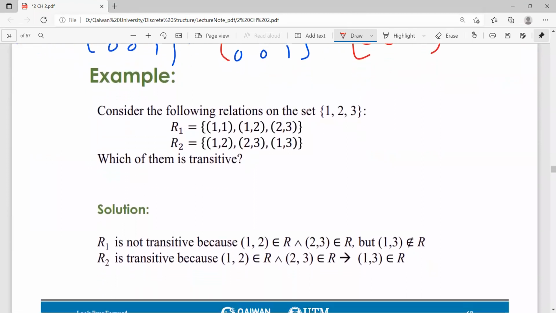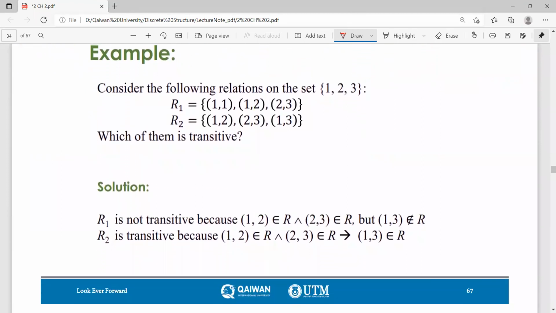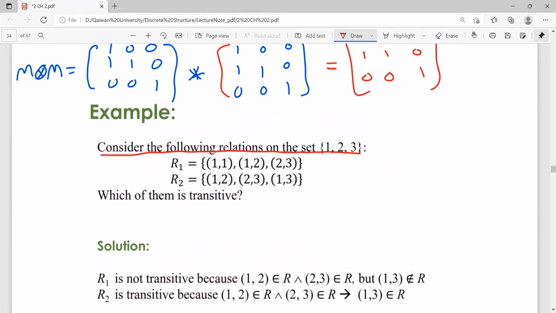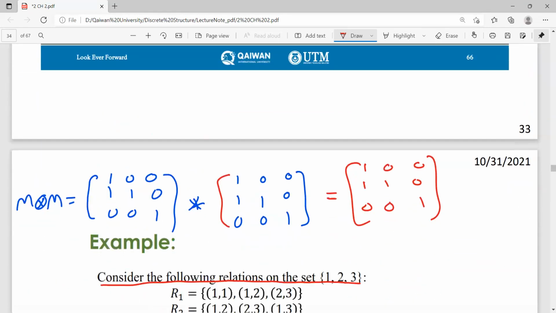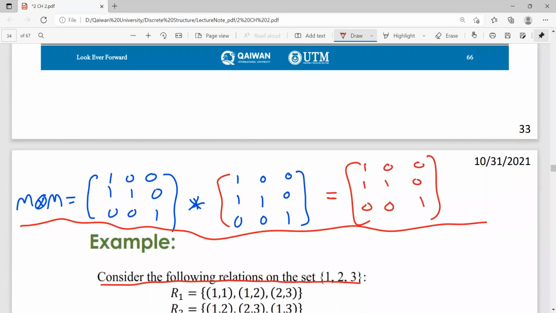Here we have an example. It says consider the following relations on the set 1, 2, and 3. Before we talk about the example, this is for the matrix form of the relation.